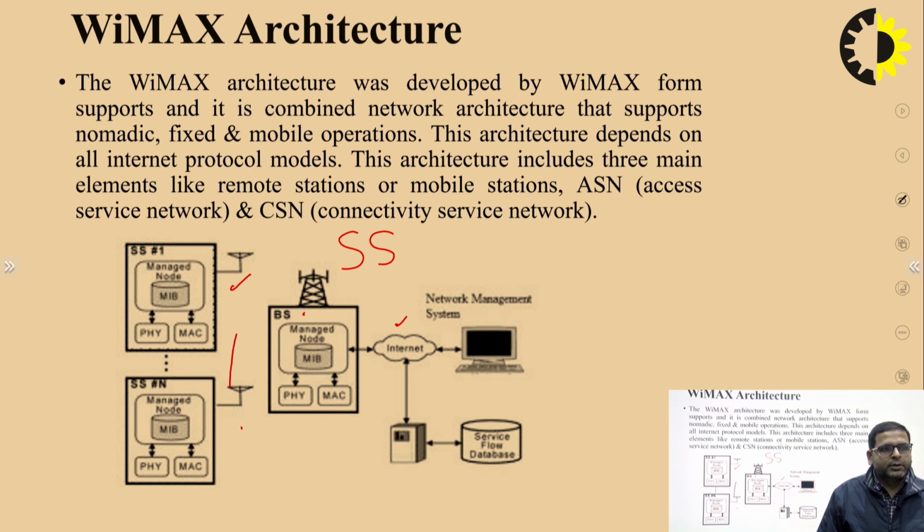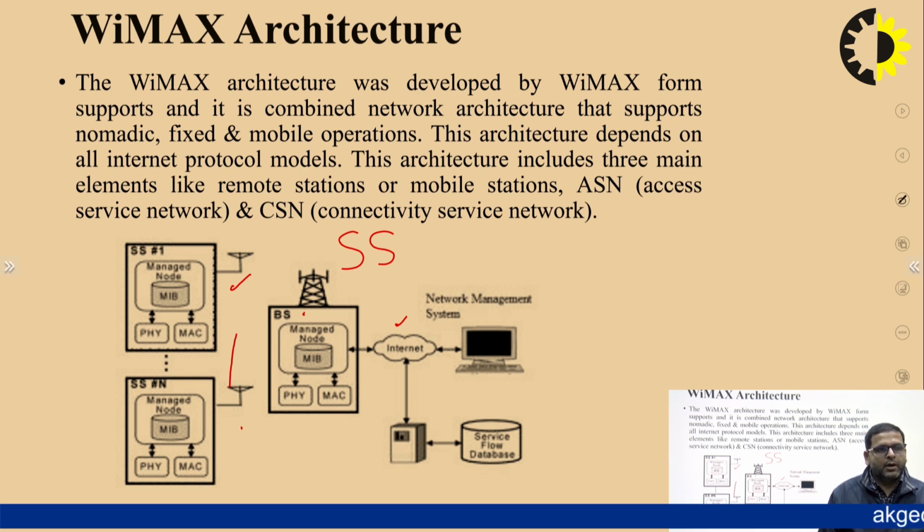Similarly, the base station also has two basic layers, physical and MAC layer, which provide an interface between the different subscriber stations and the base station. The base station is connected with the internet, and the internet is also connected with various databases, and it provides connections to the whole world.